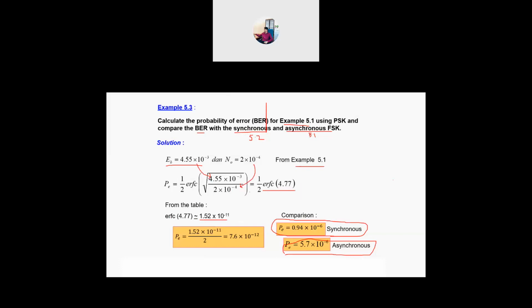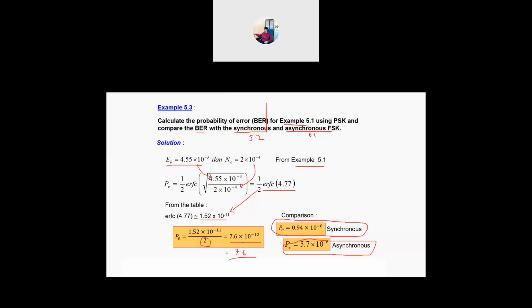So it's a half, then we need to multiply it by a half now. That's why you have times 2 here. Then you get 7.6 times 10 to the power of -2. So if we change it so that we can see it clearly, it means we are going to have 7.6 error bits.